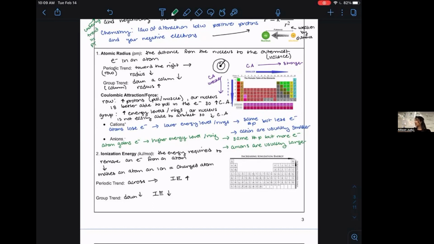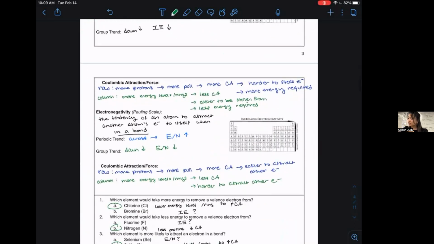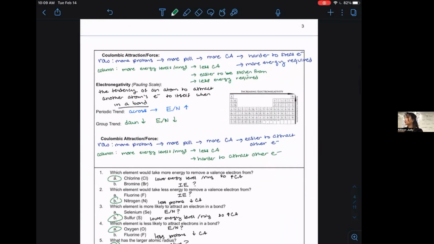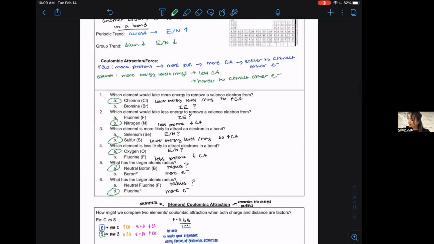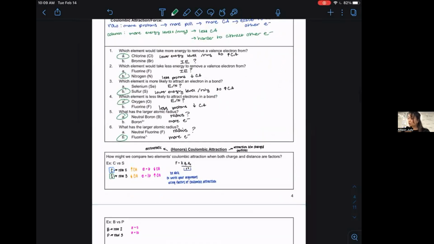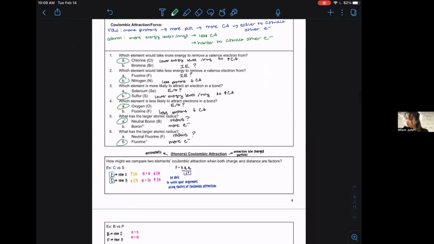All those things with Coulombic attraction make you better able to create an electron exchange with another atom. So that's one thing you're going to want to really understand: Coulombic attraction naturally makes you more reactive. It makes you more likely to engage and interact with another atom. In case you don't think you're going to remember that, I would write that down.